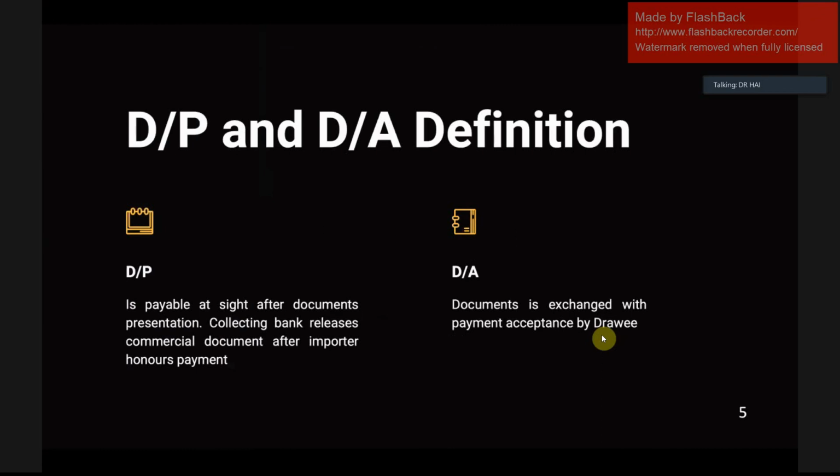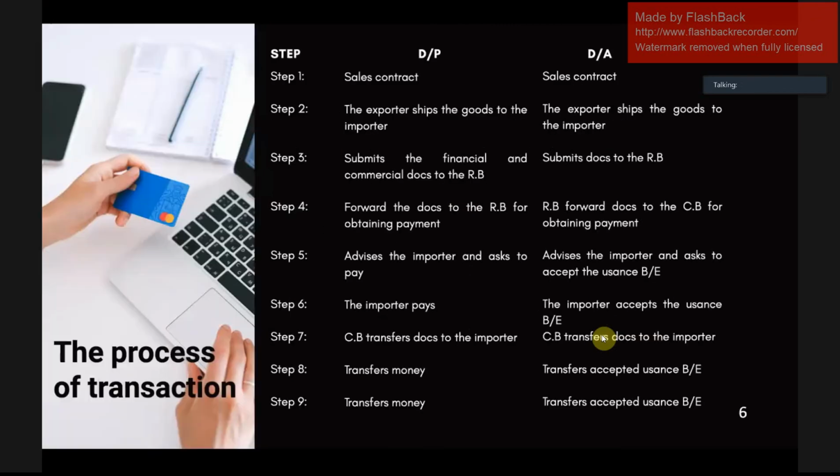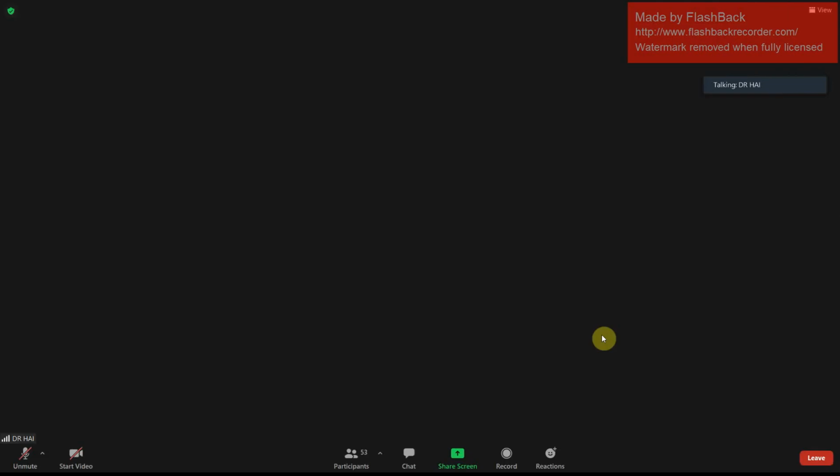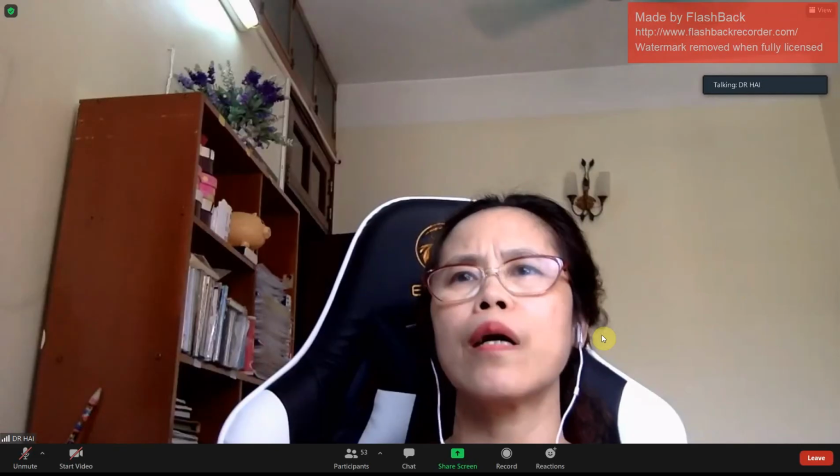The transaction diagram, here are the steps. Do you have a diagram? No or yes? We don't have the diagram. Okay, so stop sharing. I will show my slide and then I will give you some questions. First, listen to the comments from your classmates.